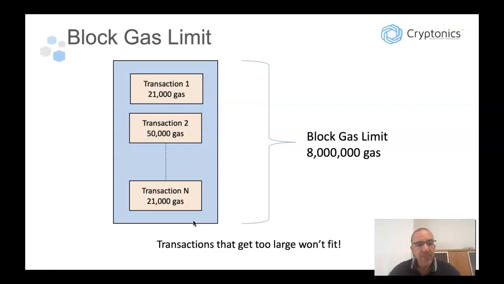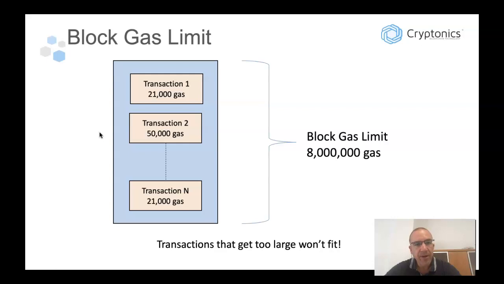But basically, a very simple transaction, just transferring some Ether, requires 21,000 gas. More complex transactions require more. Basically, it depends which opcodes you execute and the storage requirements of your code.